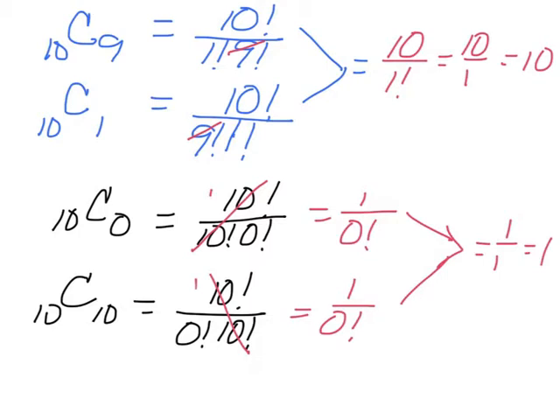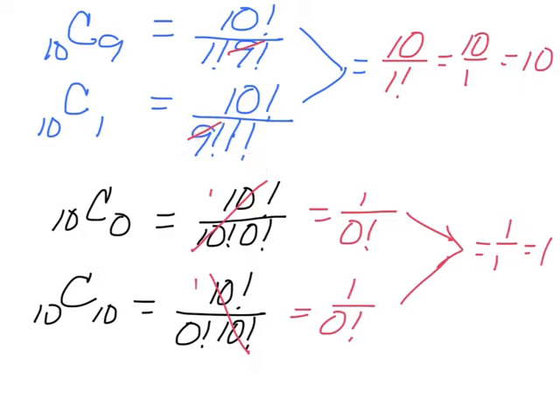And so I have a couple of problems here completely worked out. And what I want you to do is look at them really briefly. I have a combination of 10 choose 9 and a combination of 10 choose 1. And when I write them out in formula, as you can see, the denominator here is 1 factorial 9 factorial, and the denominator here is 9 factorial 1 factorial.